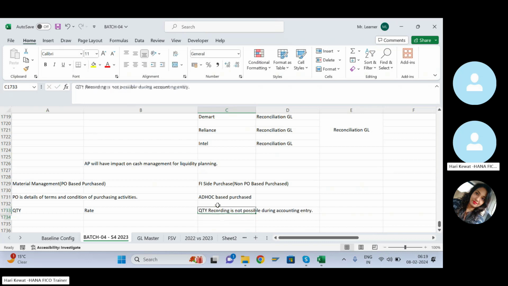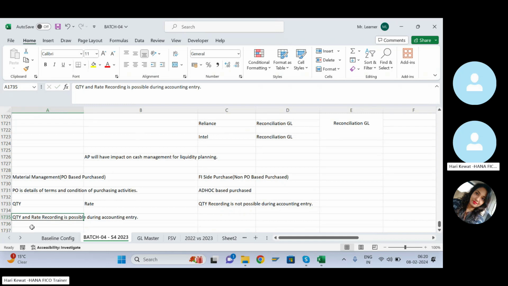When you are posting the accounting entry of your purchases from the finance side, you cannot enter the quantity that this many quantity I have purchased. But if you purchase from the material management side, during the accounting journal entry, you can record the quantity, and you can record the rate also. It is possible on the material management side.